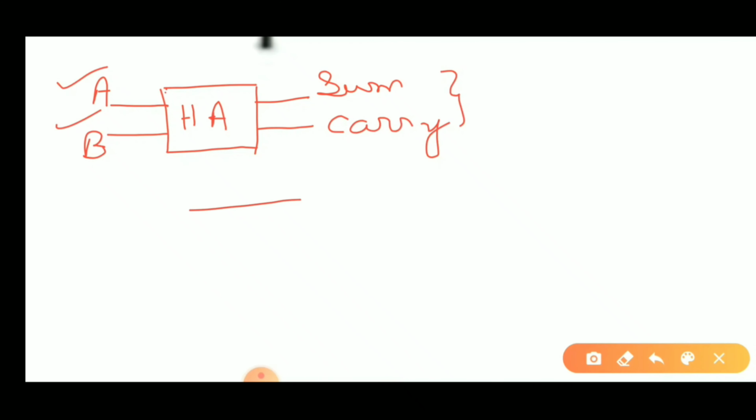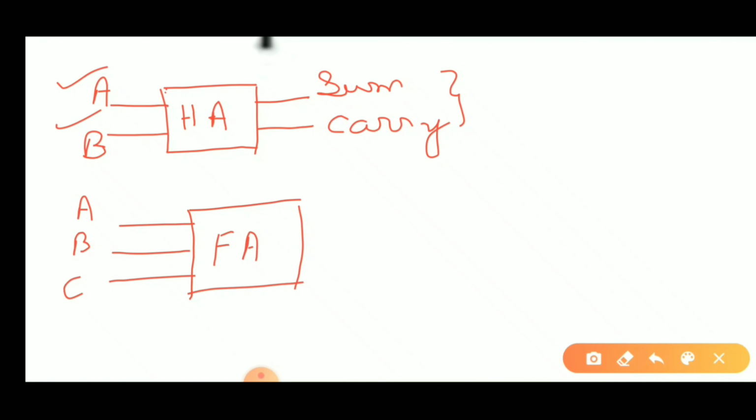And in case of full adder, we are having 3 inputs A, B, C and 2 outputs sum and carry. So in order to avoid the confusion, you put C as C0 because we are getting this carry at output, and this C we are giving at input, that is Ci.